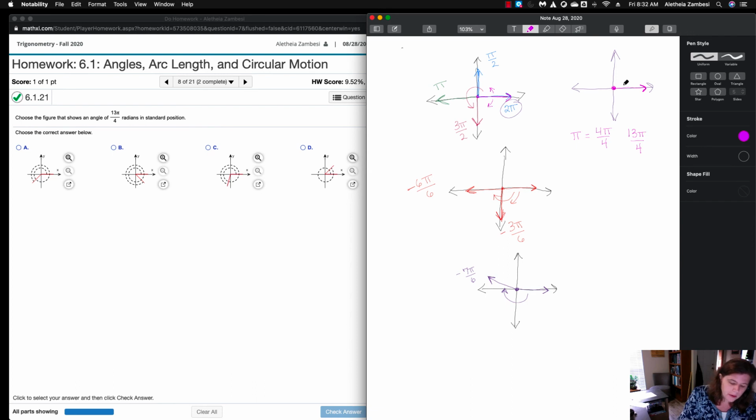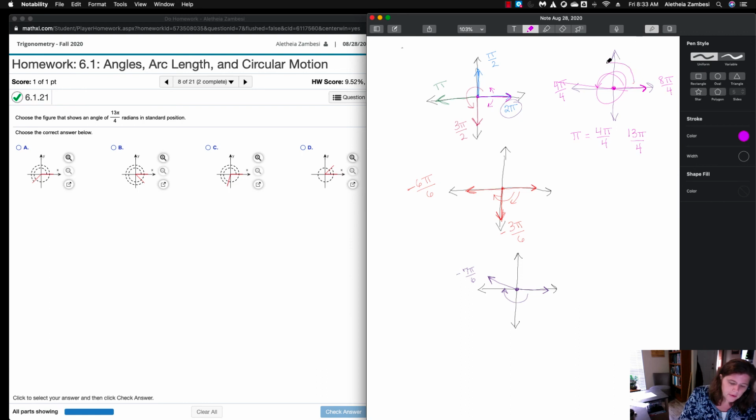So moving around, here we have 4 pi over 4, so that's 1 pi. If I were to continue on, when we get back to the original location, we're at 8 pi over 4.